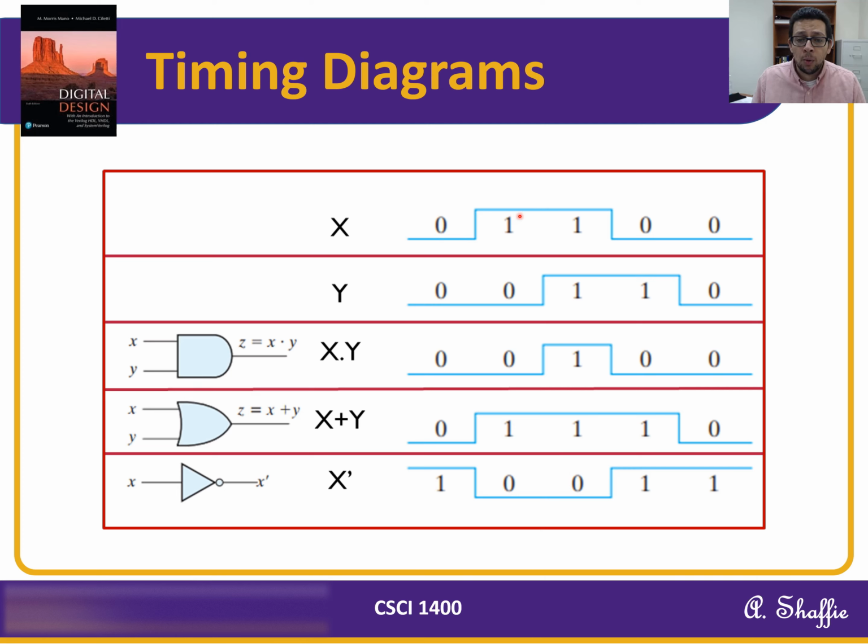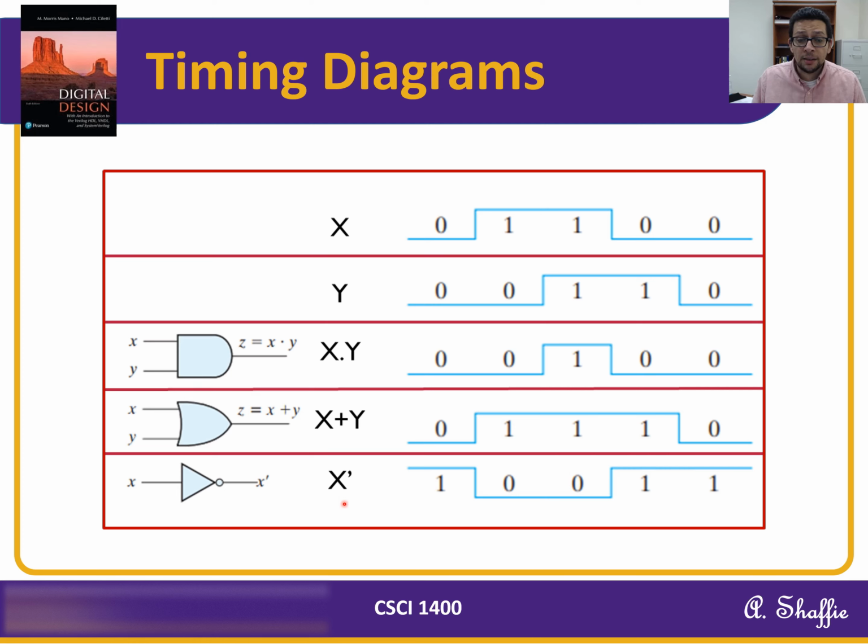When I make x equal 1, I change the input, and the corresponding output will change too. So x and y is still 0, because I still have y equals 0. But for the OR gate, the signal starts to change. Instead of 0, it becomes 1. And it will be the case until a new change happens here for the value of y.